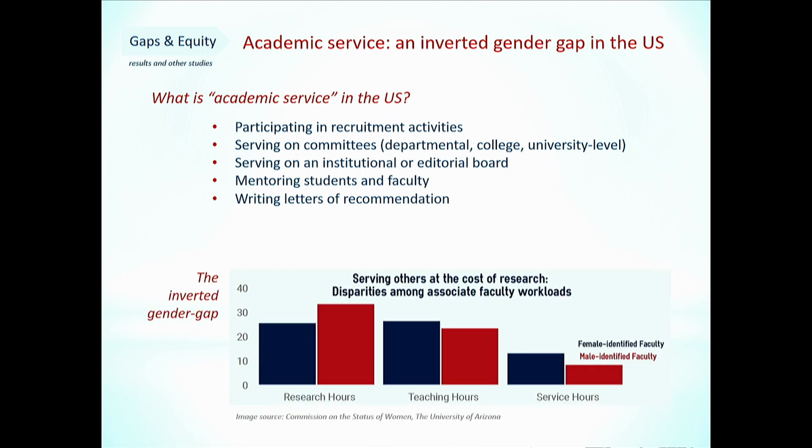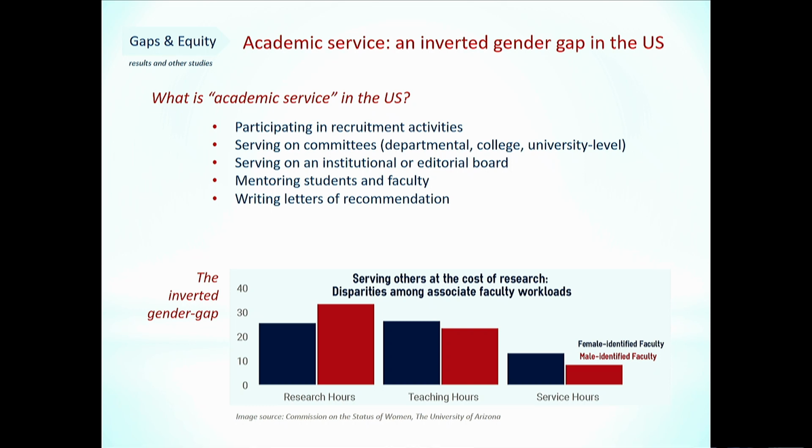So the inverted gender gap in service, what I mean by that is that in academia in the US, we have essentially three blocks or types of workload: research, teaching, and service hours. The research hours graph pulls from institutional national data in the US for associate professors.